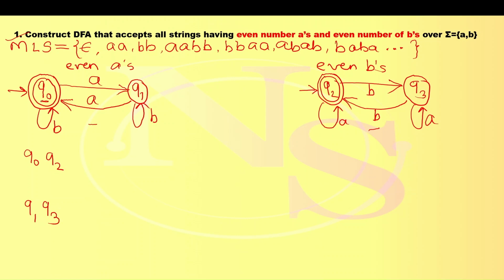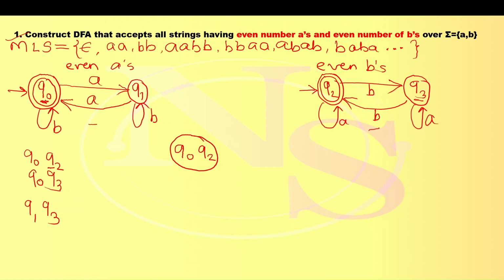Here the first state is Q0. This Q0 state can be combined with Q2 as well as with Q3. So write it like this: Q0 Q2 and Q0 Q3. I'm writing the first state of the first sub problem and the first state of the other sub problem.